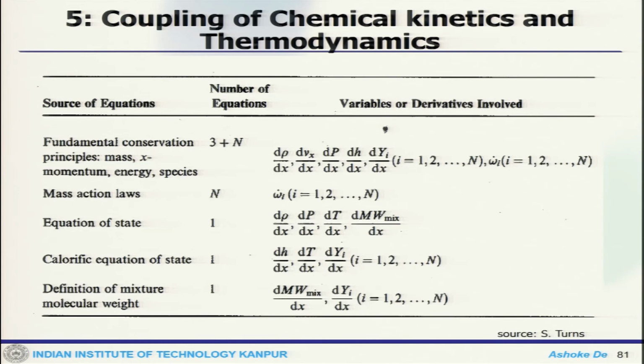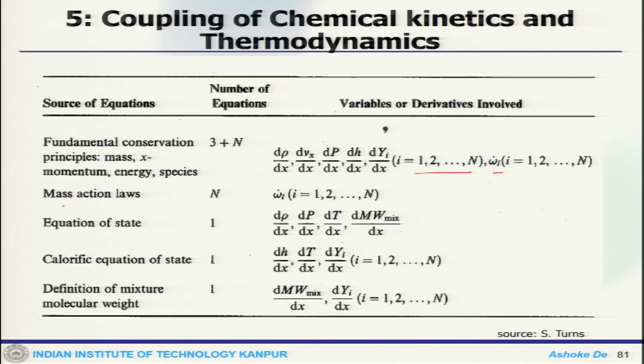Okay. Now, these are the fundamental conservation equations: mass, x momentum, energy, species. The number of equations is 3 plus n, and the derivatives involved are d rho by dx, dvx by dx, dp by dx, dh by dx, dyi by dx for the number of species, and omega dot i.